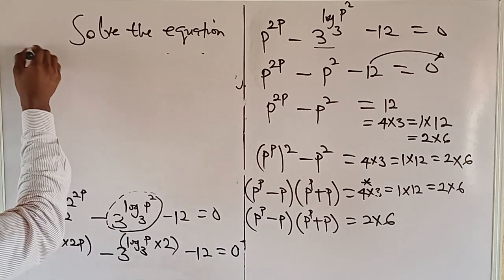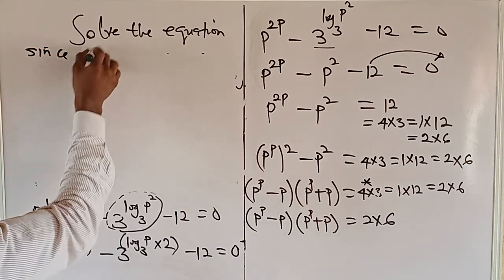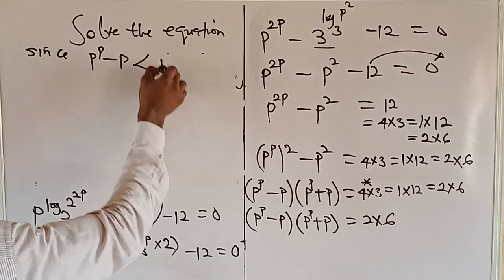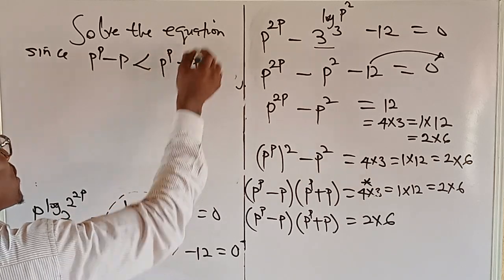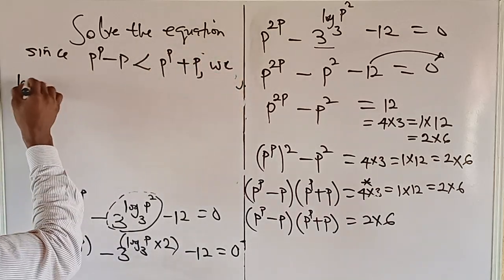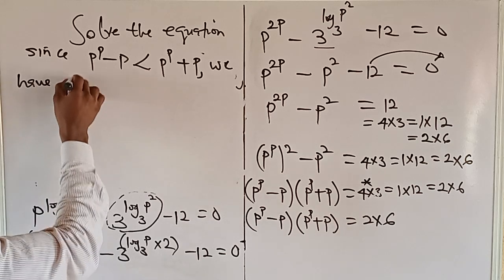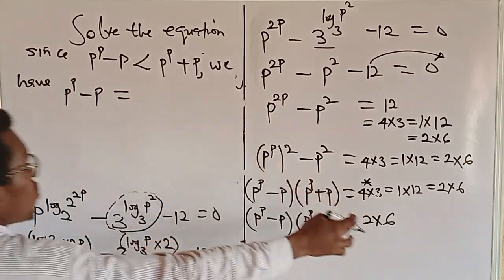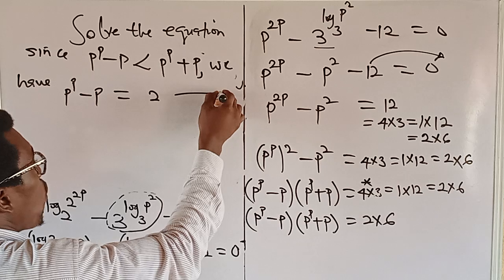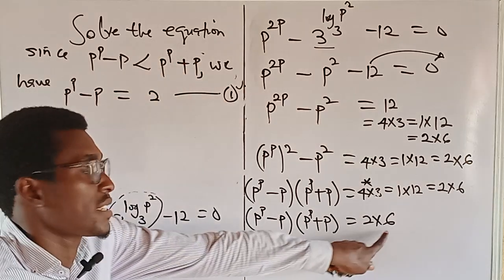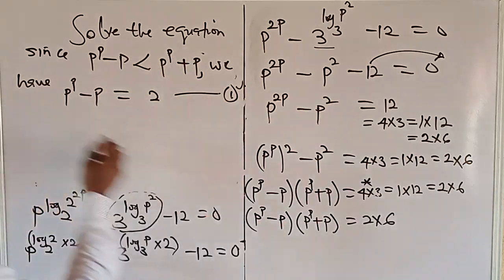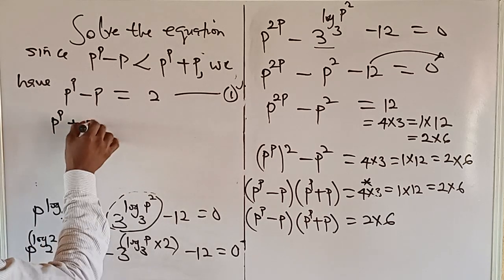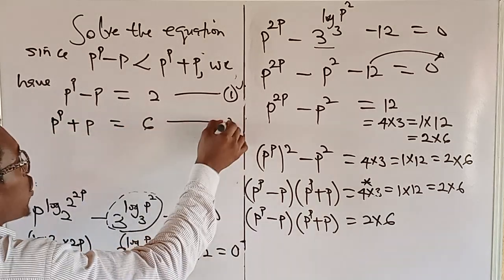So we can now say, since P to the power P minus P is less than P to the power P plus P, we have that P to the power P minus P is invariably 2, all right? And we call that equation 1, because 2 is less than 6. Also, P to the power P plus P is invariably 6. We call this equation 2.